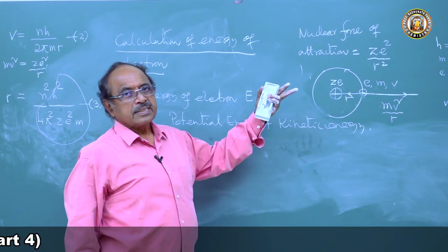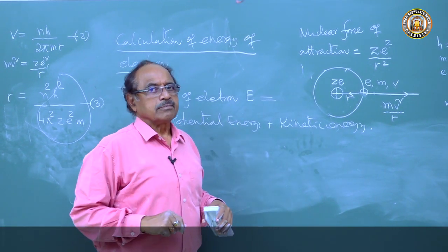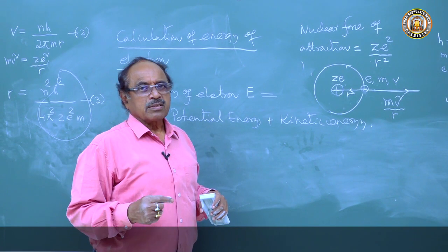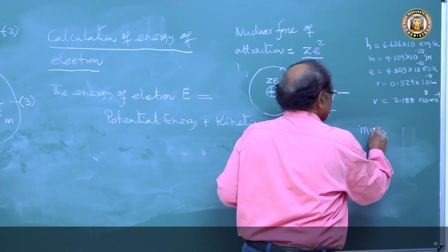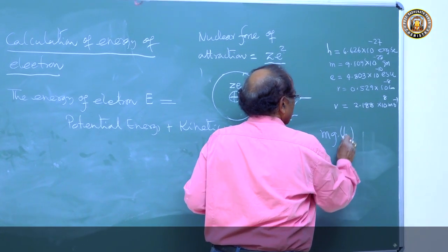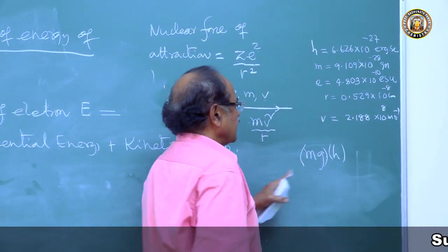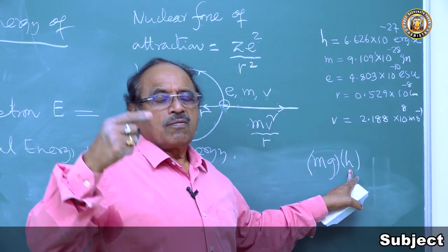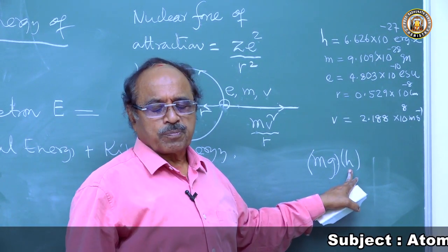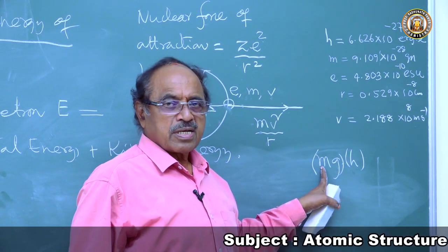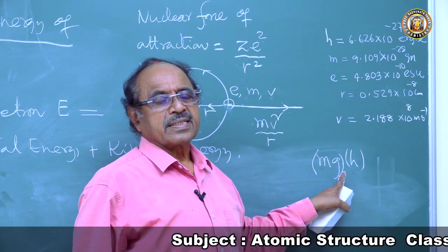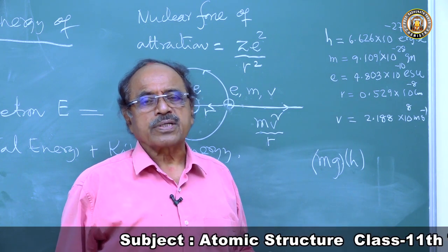For the potential energy, when you go to your physics, potential energy is mgh, where h is the distance of the body from the surface, m is the mass of the body, and g is the acceleration due to gravity, the force of attraction.